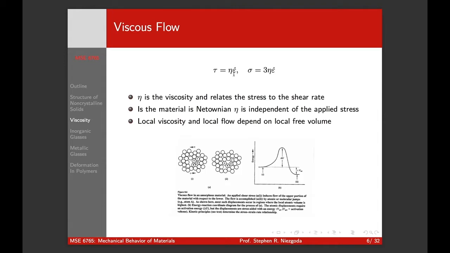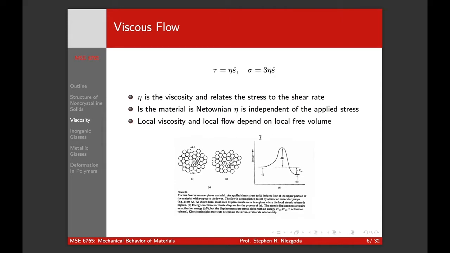Or our shear rate, right? So eta is our viscosity, right? If the material is Newtonian, right, eta here is independent of the applied stress, right? So if it's non-Newtonian, this is going to be a function of stress itself, right?